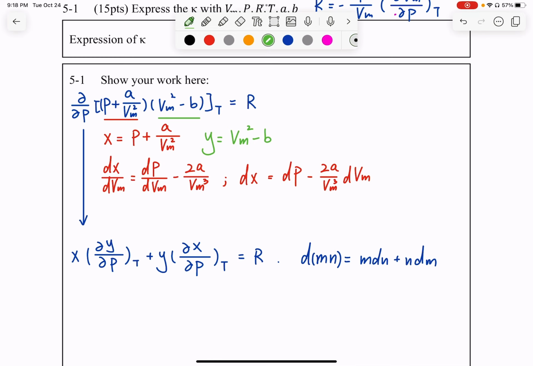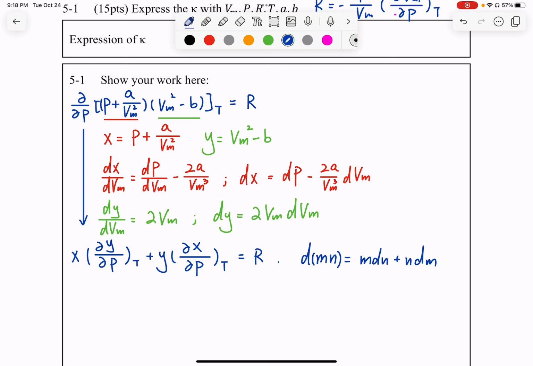And what about y? We can do the same for dy. So dy over dVm. Now this one is relatively straightforward. That just equals 1, or we can write dy equals dVm. All right.